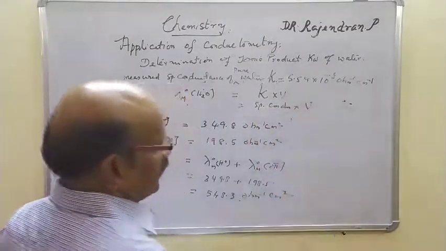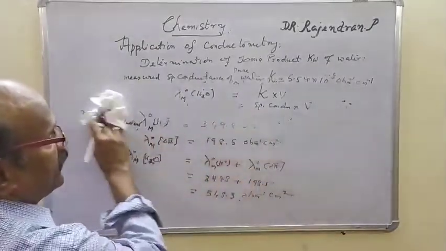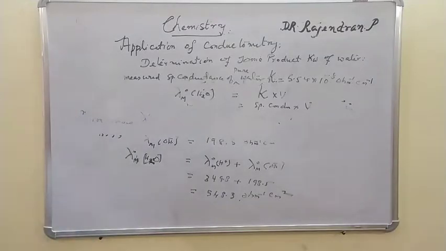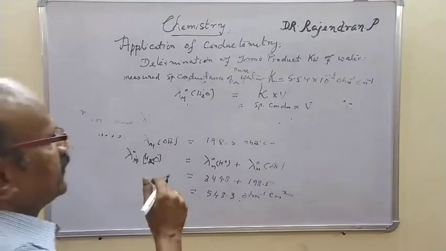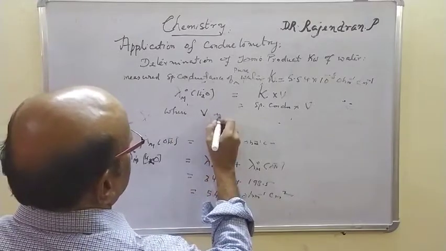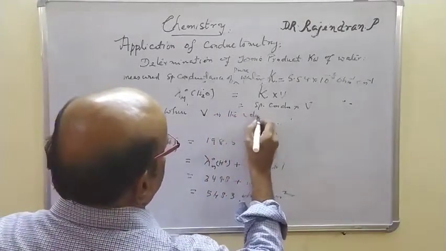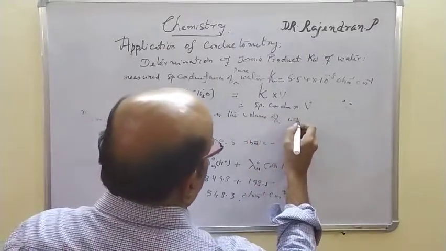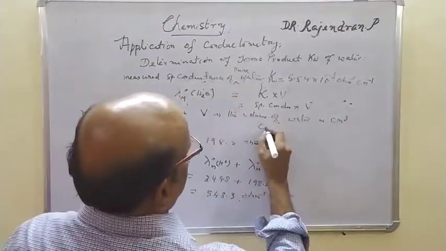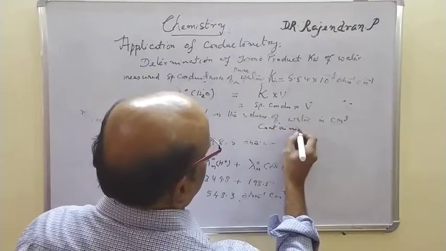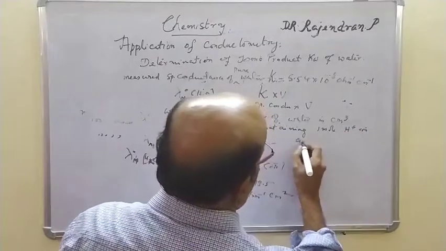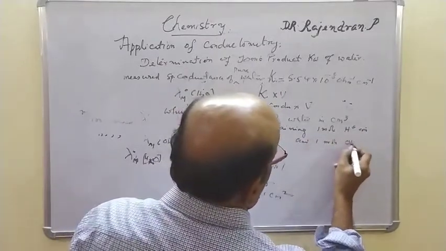It's very important that V is the volume of the solution containing 1 mole per cc of H plus ion and OH minus ion each, that is, V is the volume of water in centimeter cube containing 1 mole of H plus ion and 1 mole of OH minus ion.